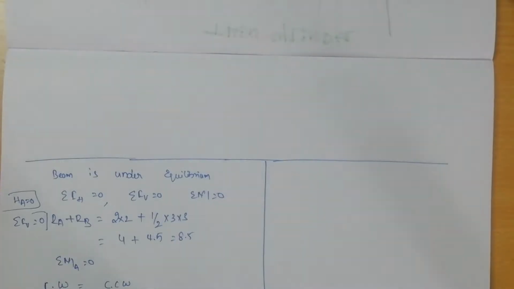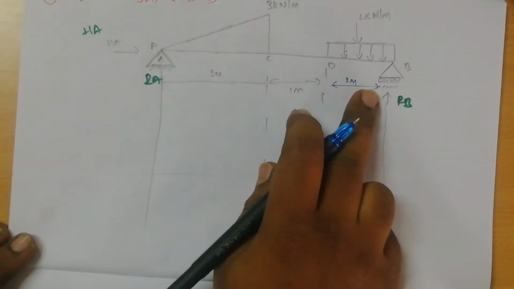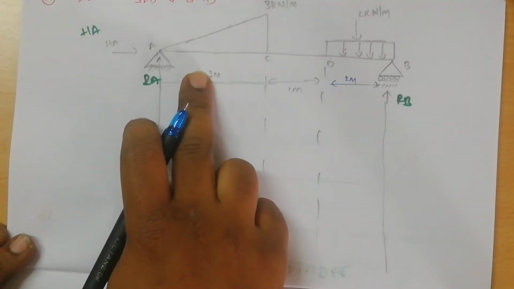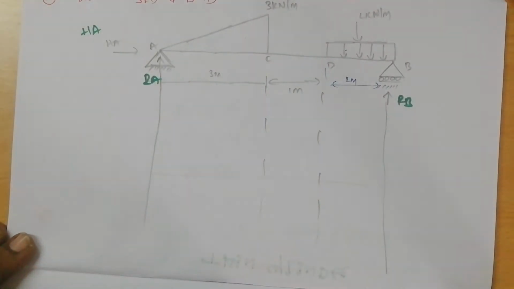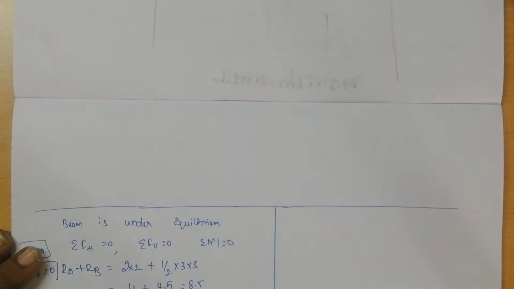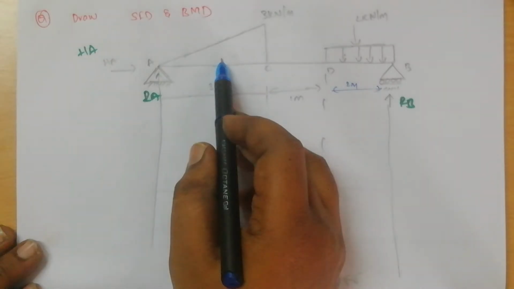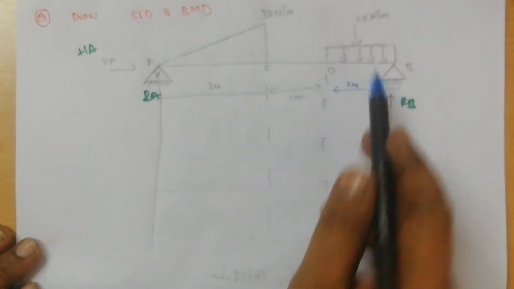First, the counterclockwise moment you write, that is RB into the distance between point B and A, 2 plus 1 plus 3. What is the total distance now? 2 plus 3 plus 2 is 5, 5 plus 1 is 6. Now because of the clockwise direction, let us take the UDL first. UDL is 2 into 2 is the load. So where is the CG?